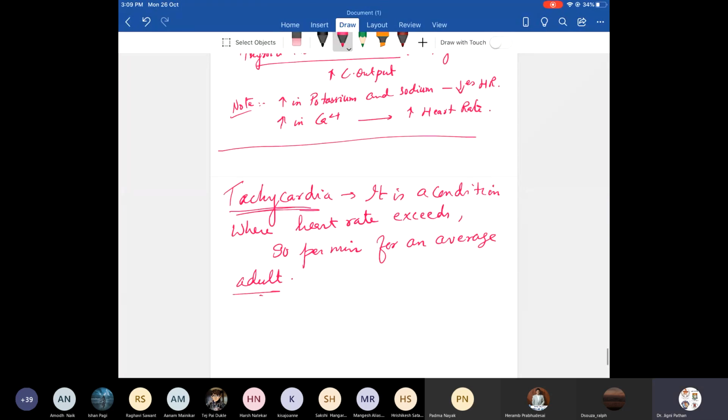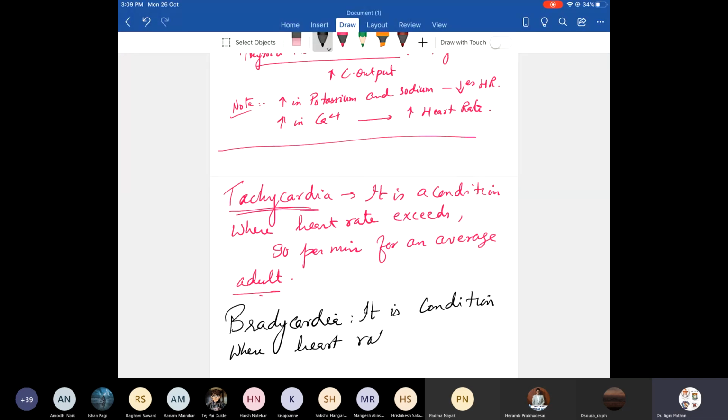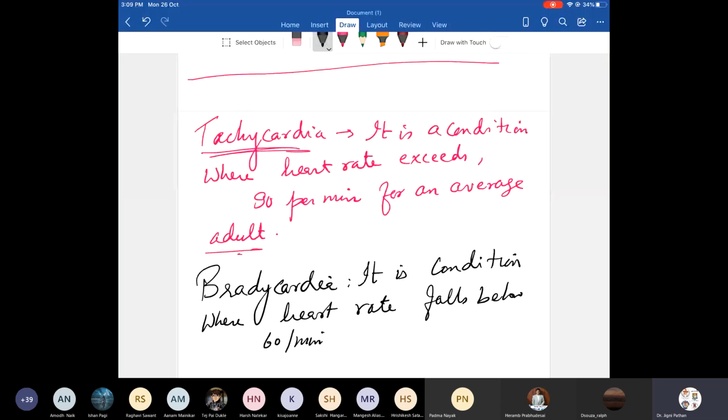There's another term that is also very important. Many times this question is asked, it is called bradycardia. Bradycardia means it is lower. It is a condition where heart rate falls below 60 per minute. Are you understanding tachycardia and bradycardia? What does it mean?